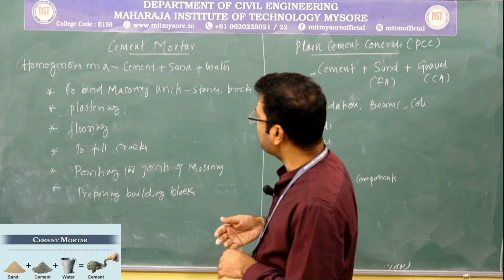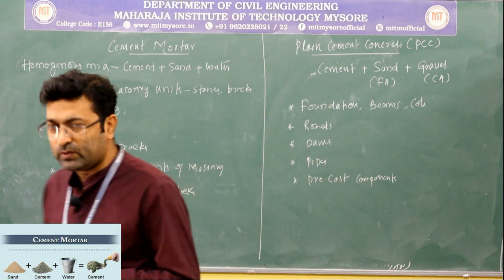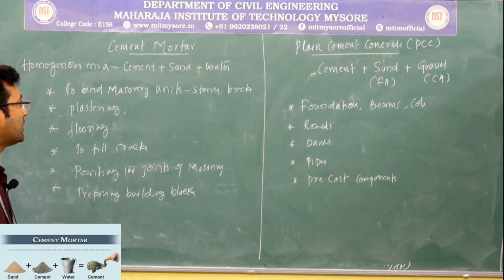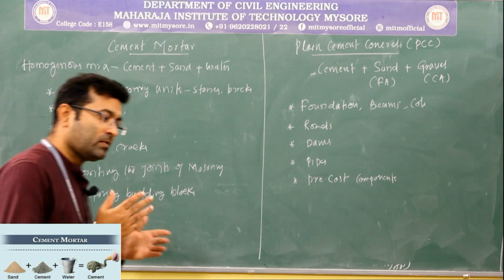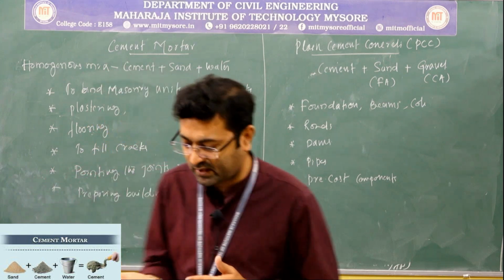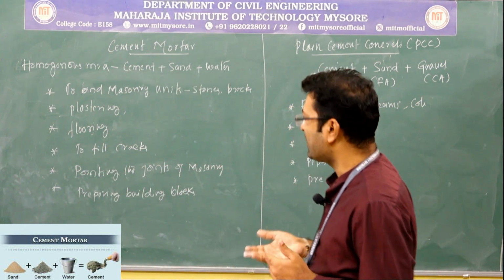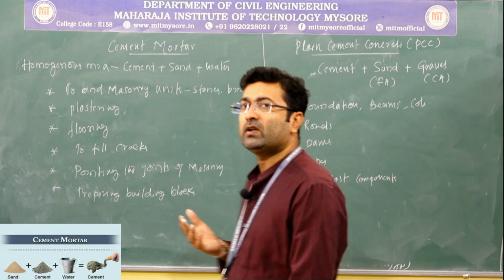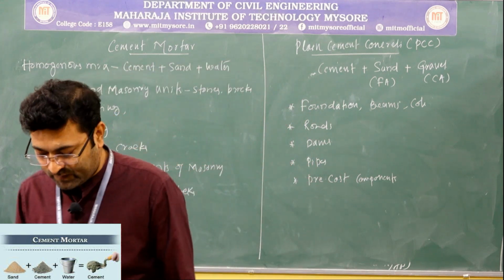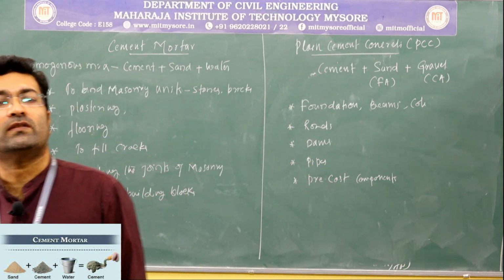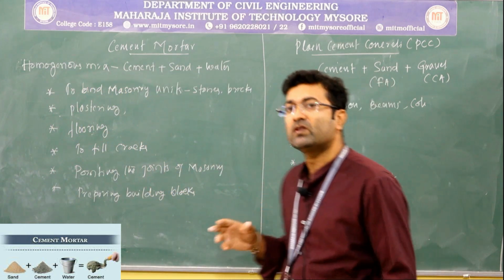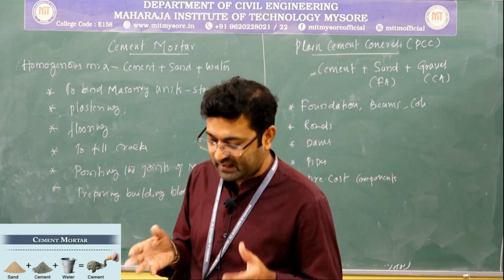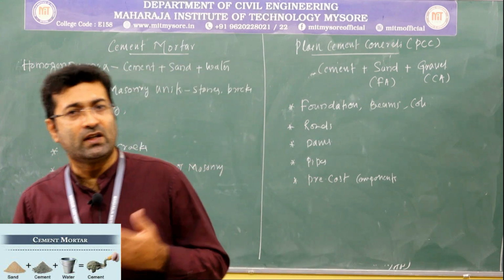This mortar mix is basically used to bond brick or masonry units, either a stone wall, a brick wall, or any other cement block units. Not only as a binding material, this mortar mix is also used for plastering, flooring, and even to fill cracks in the walls or in the concrete.